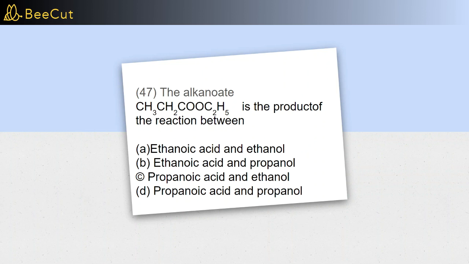Let's see the equation: CH3CH2COO indicates the propanoic acid, it has 3 carbons here, reacting with C2H5, and anything with C2H5 talks about ethanol. That should be C, the correct answer. Propanoic acid and ethanol will form this ethyl propanoate.